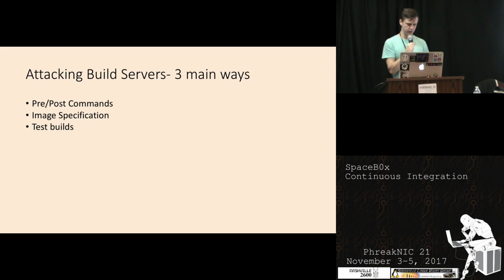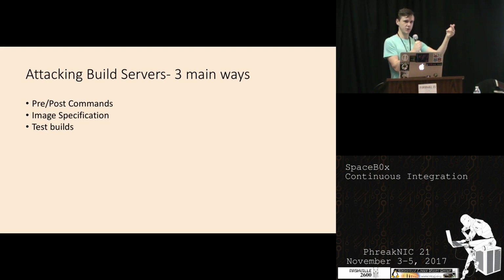There are patterns that are evolving, especially in the build systems, where there are multiple ways to execute code or manipulate the way that those builds work, but the three biggest that I've experimented with are these. In most of these files, for most of these systems, there's a section called pre and post commands.